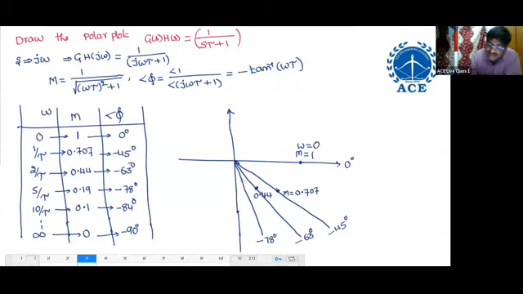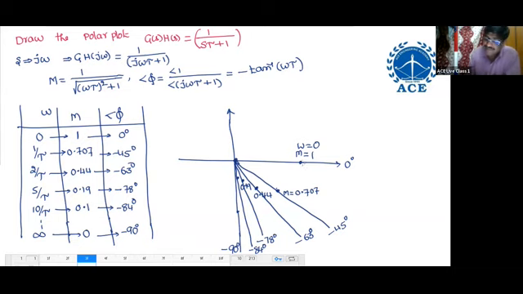On minus 78 degrees, the magnitude is 0.19. Next, 10 by tau. Minus 84 degrees. So 0.1. Next, minus 90 degrees, magnitude 0.